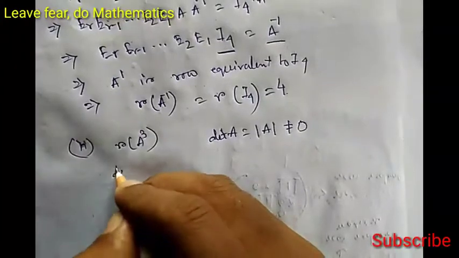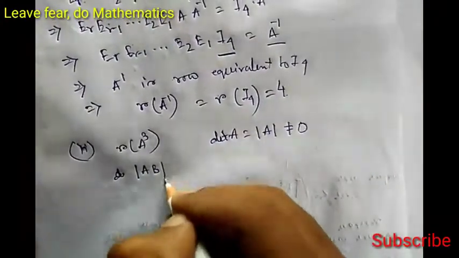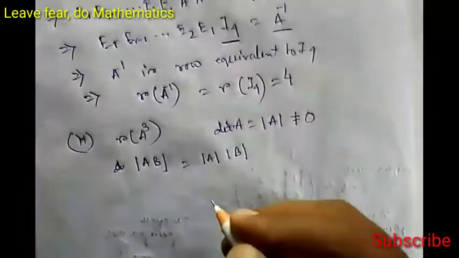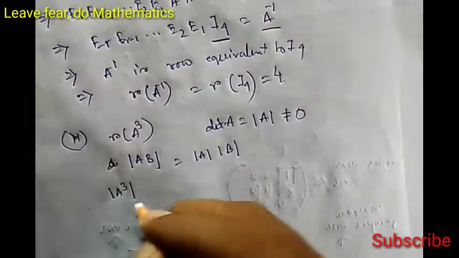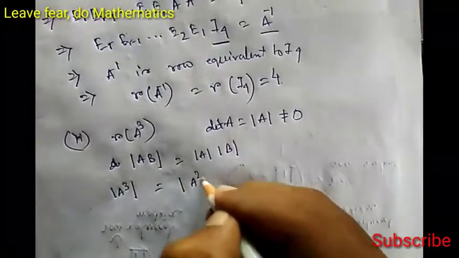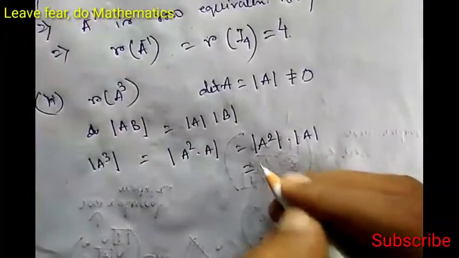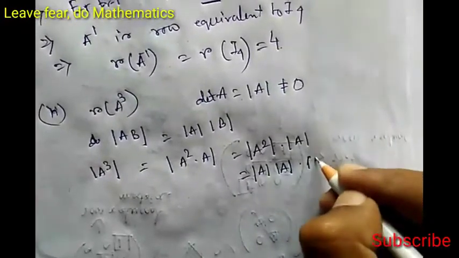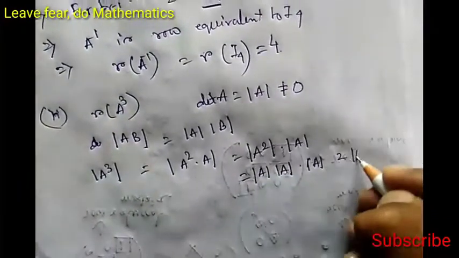We know the determinant of a product of two matrices is the product of their determinants, so det of A cube is det of A squared times det of A, which is det A to the power 3. Since det A is not equal to 0, det A cubed is also not equal to 0.